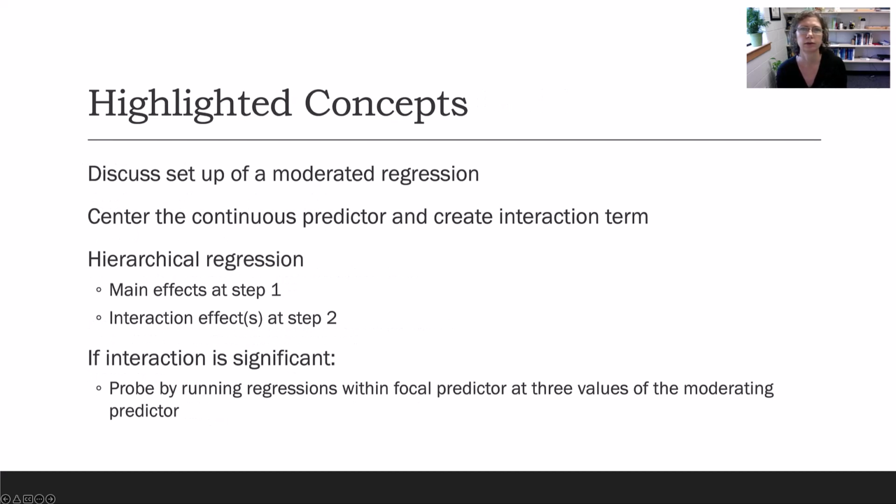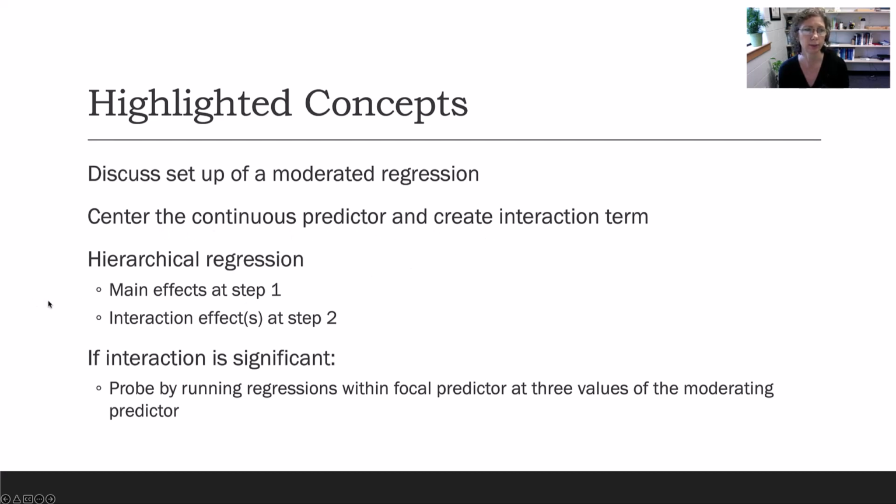So what did we cover so far? We discussed our setup and what a moderated regression is, when we think that the relationship between a predictor and the outcome changes or is impacted by the levels or values of a different predictor in the equation. We took a look at what's coming up with centering the continuous predictor and creating an interaction term.